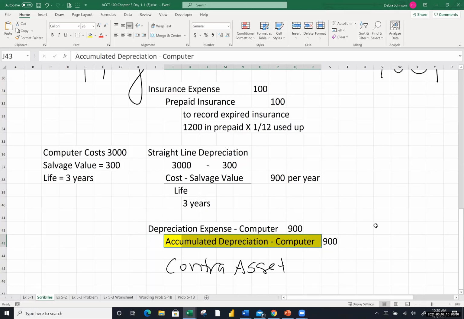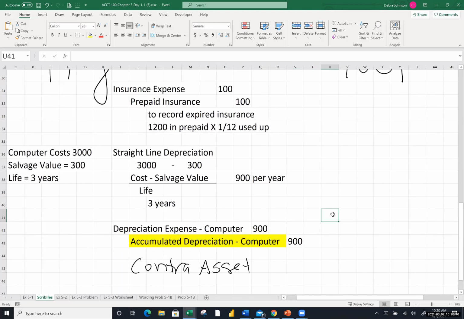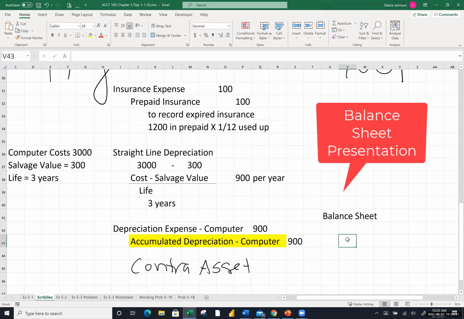So what's going to happen now on a balance sheet, when you see a balance sheet from this day forward, and we'll get more into that tomorrow, but while we're talking about it, this is what's going to show on the balance sheet for the computer. You're going to see the computer at its cost, I'll put cost up here, 3,000.